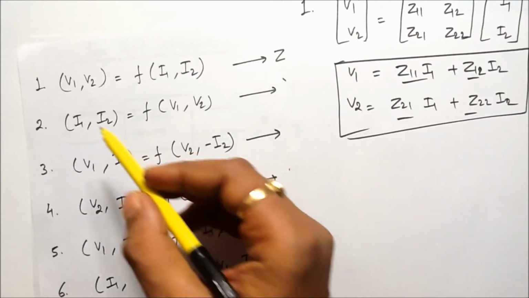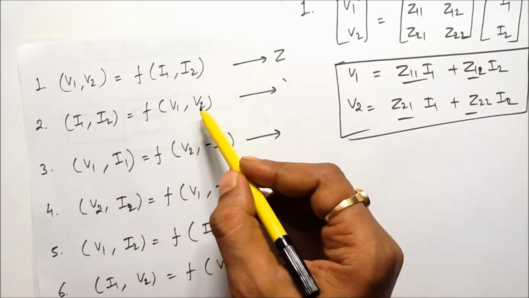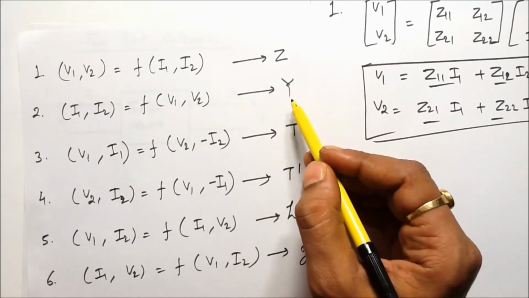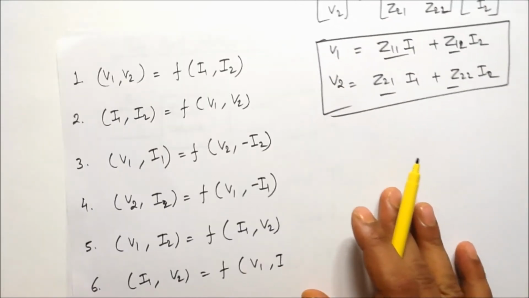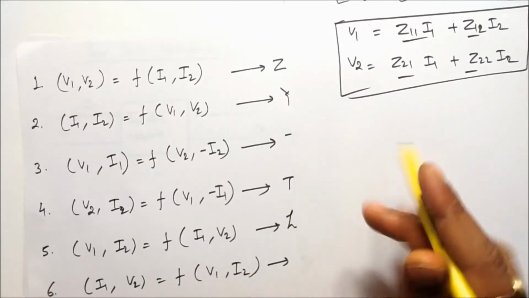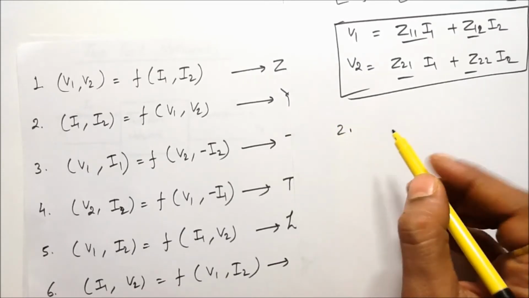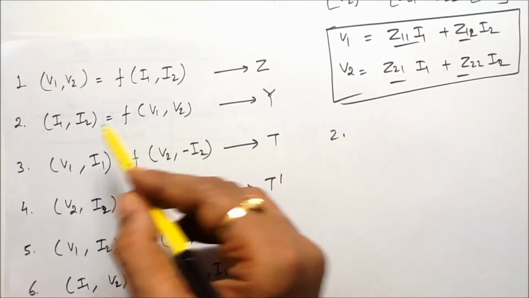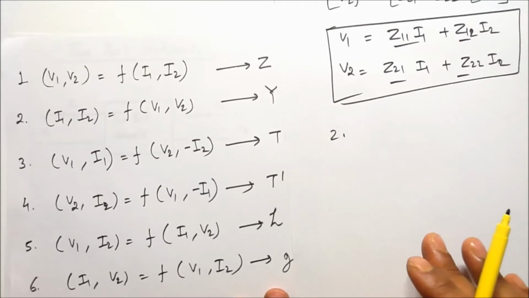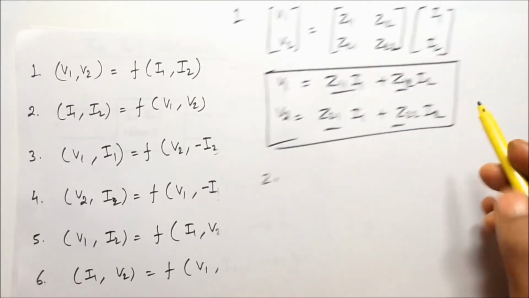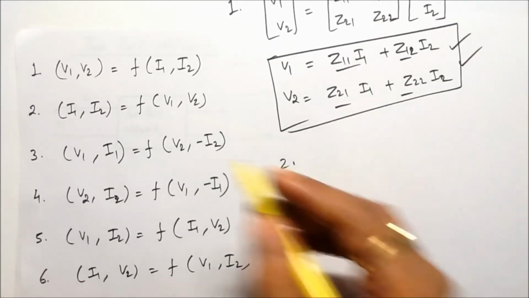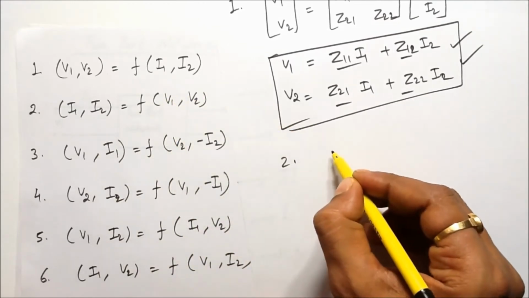Equation number 2, I1, I2 is the function of V1, V2, is related with the Y parameters. You can write in this way. I am not going to write in the matrix form because these equations are not useful in the matrix form. You have to write in this way. I1, I2 is the function of V1, V2.